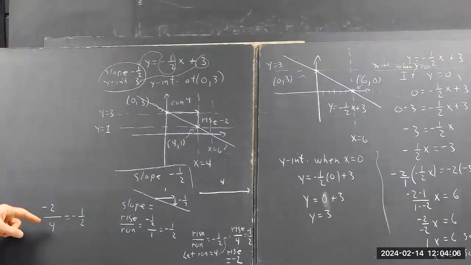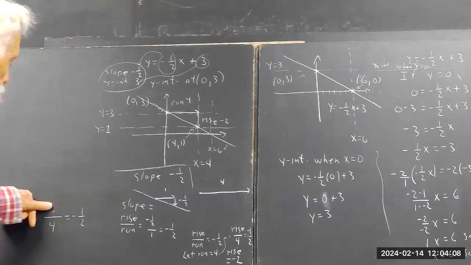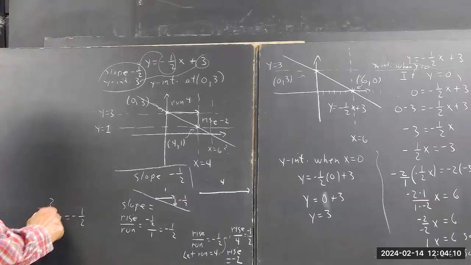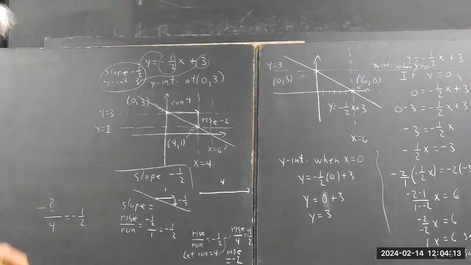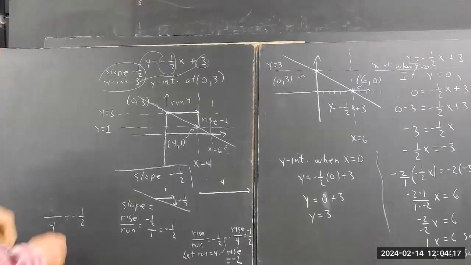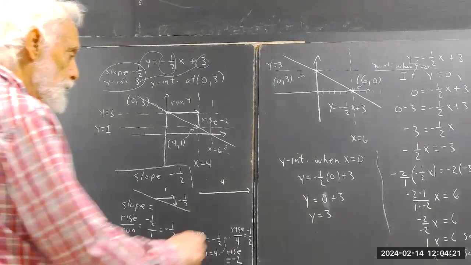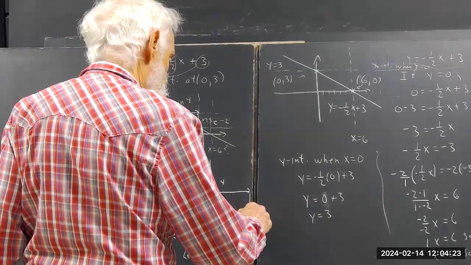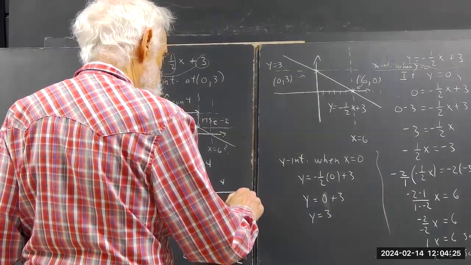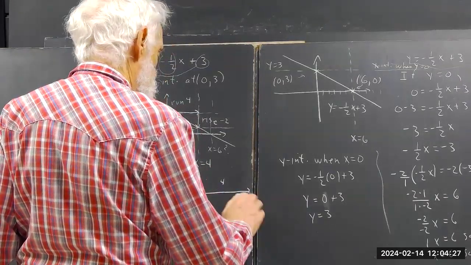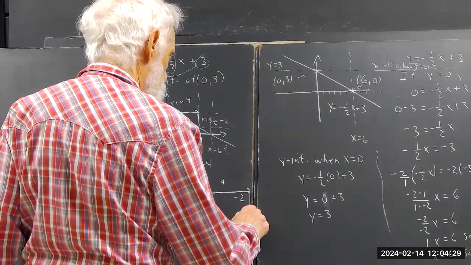Then we just verify that. What I wrote over here first was what number over 4 gives us -1/2, and that's why I got a quick answer. We got -2 over 4 equals -1/2. So now I've got this picture. -2 would be a little longer than that.